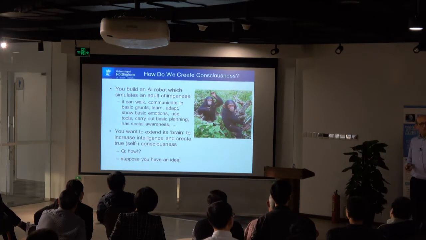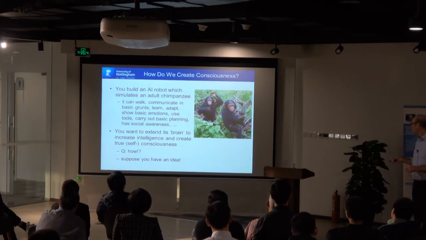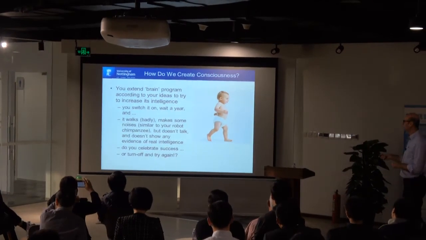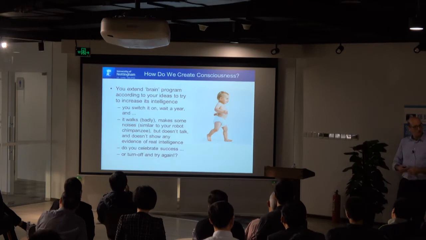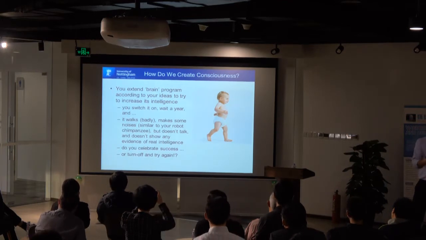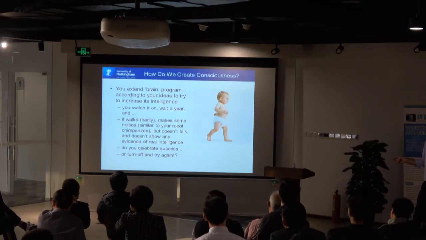So supposing that you've got an idea of how to do it. You write your add intelligence function, and you put that into your machine and you switch it on. You extend your brain program, you increase your ideas, and you switch it on. You wait 1 year. You start trying it and it doesn't do anything, and a year later, after you switched it on and waited a year, all it does is walk, not very well. It doesn't talk yet.